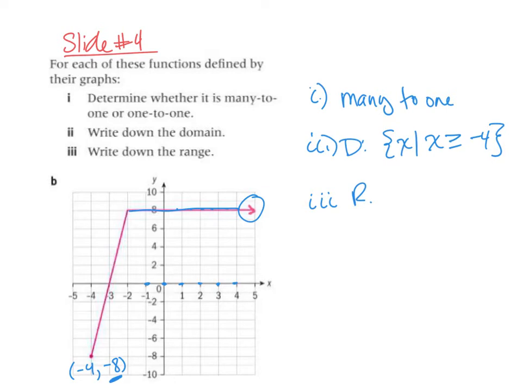So our range goes from -8 inclusive, because there's a closed circle here, up to 8 inclusive. So the range would be the set of all y such that -8 is less than or equal to y, which at the same time is less than or equal to 8.